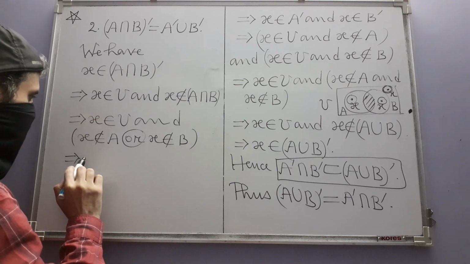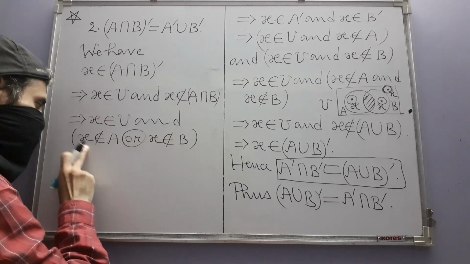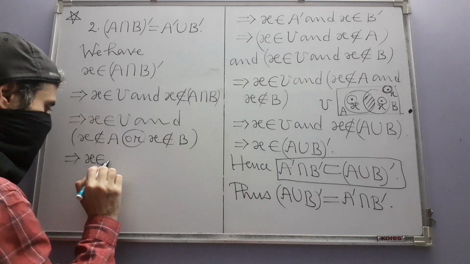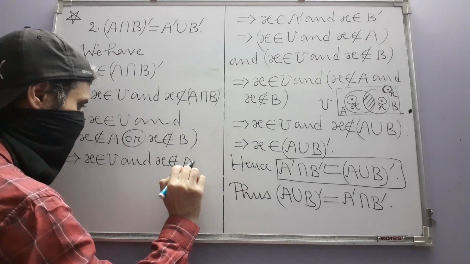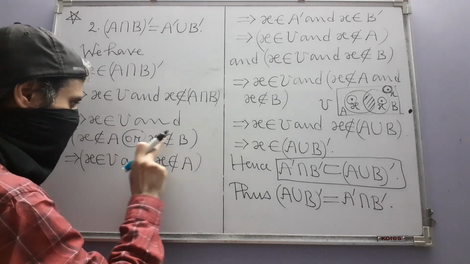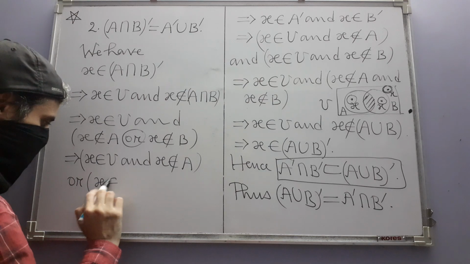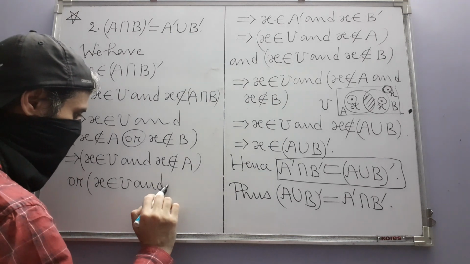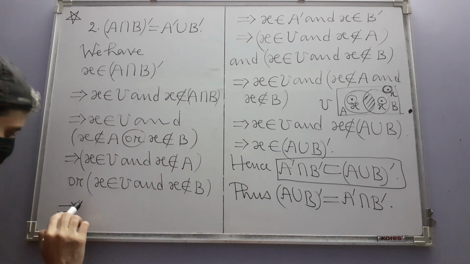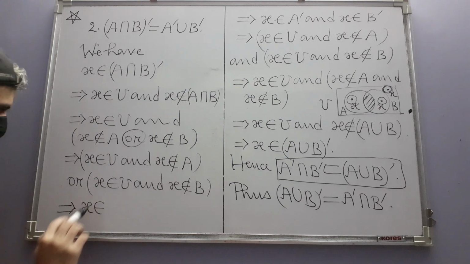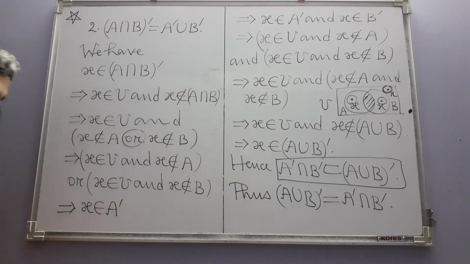Okay. Now, because you have OR, either this is true or this is true. If this is true, then you have X in U and X not in A. Or if this is true, that's why we write OR, then X is in U and X is not in B. Now this implies X belongs to, you can write U difference A, but I am going to write at once A complement.